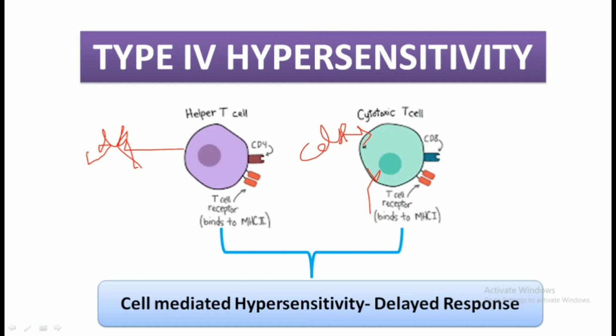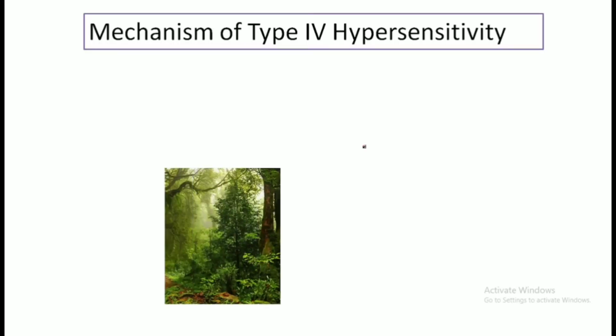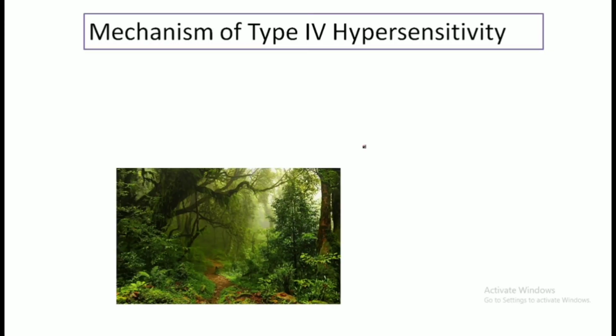So now let's see the whole mechanism. This type of hypersensitivity is also known as delayed response hypersensitivity. To understand the mechanism, consider a situation: suppose you are moving in a jungle and you come in touch with different forest particles like leaves which may be poisonous.